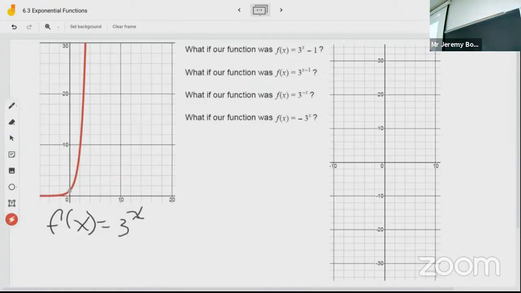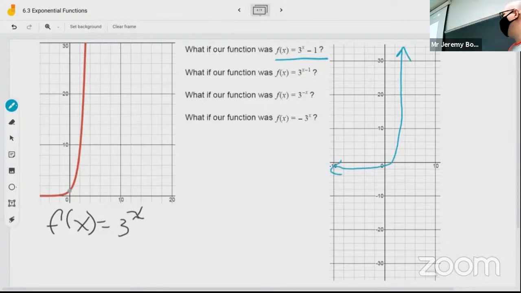What happens if we do 3 to the x minus 1? It's going to pull it down 1 unit. So our graph is now just shifted down 1 unit like that. I didn't draw it perfectly, but I was trying to mimic it there.